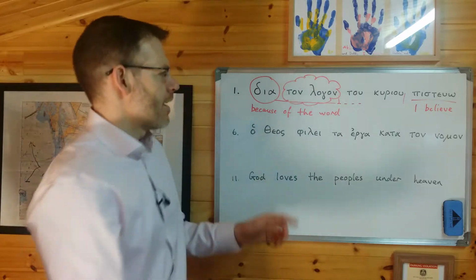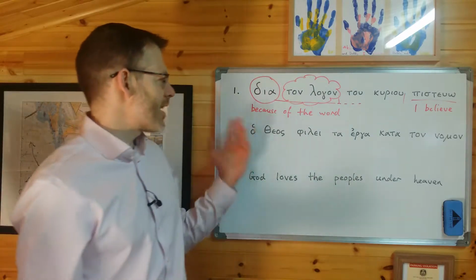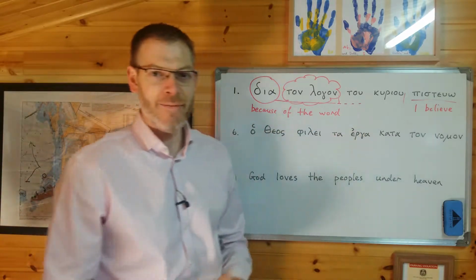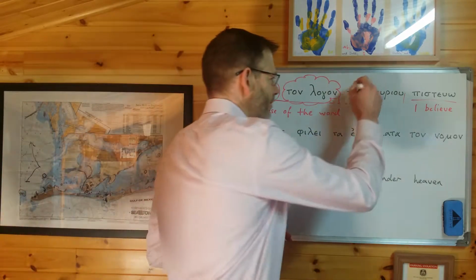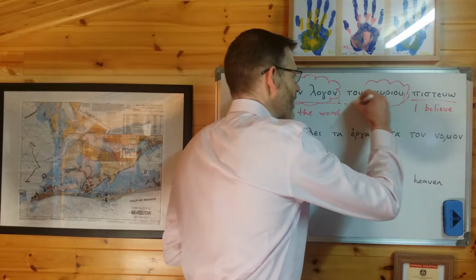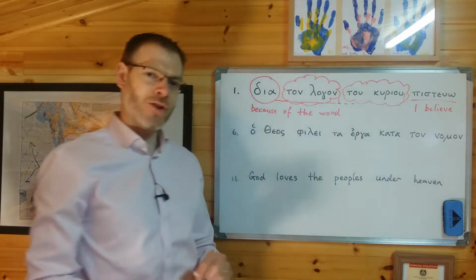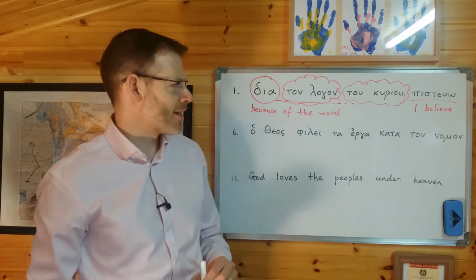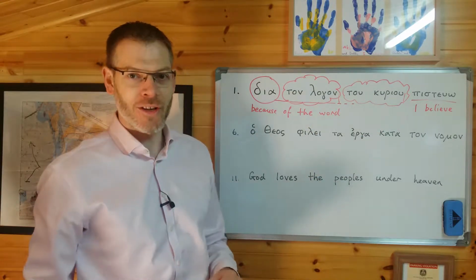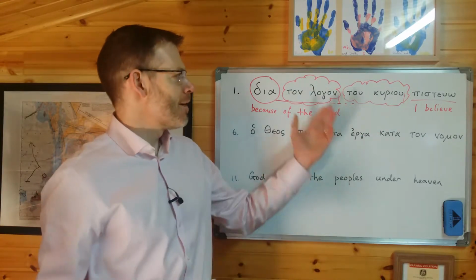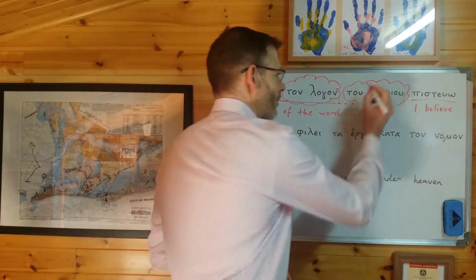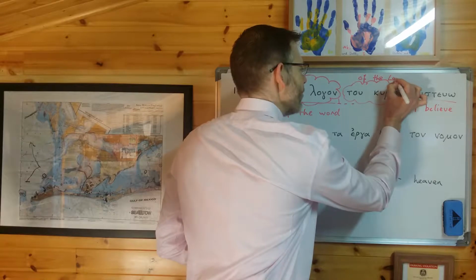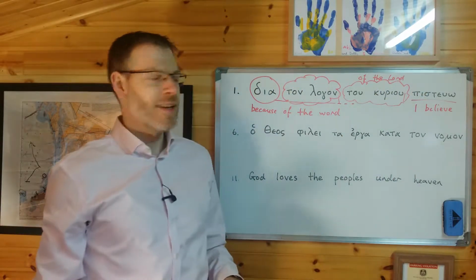Now, here's where it gets a little bit intriguing. Well, so far it makes sense. I believe because of the word, or because of the word I believe. But what do you do now with this portion of the sentence? To kuriou. Well, let's just parse it and figure out what it is first. It's from ho kurios, meaning the Lord, but it is in the genitive, and so of the Lord is how we might normally translate that.